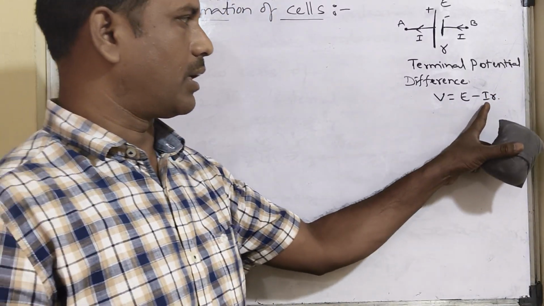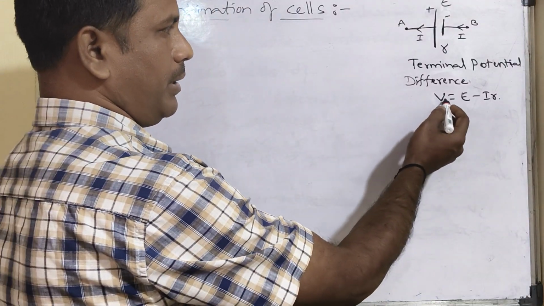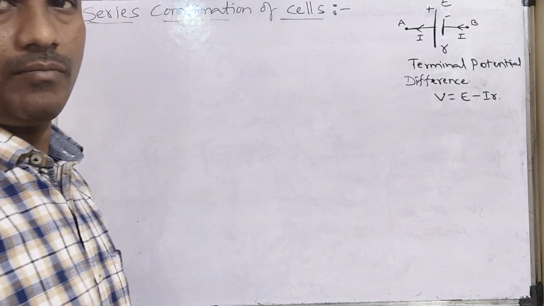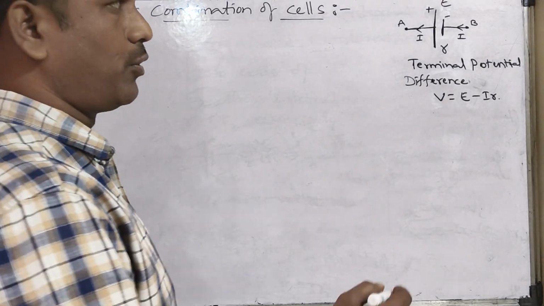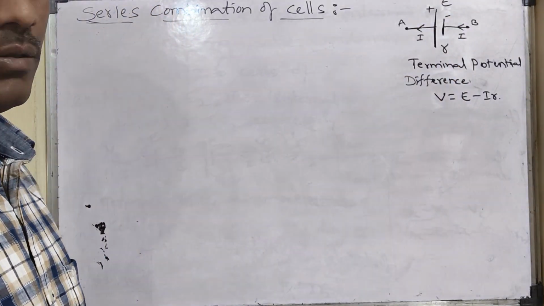I means current, R means internal resistance, V means terminal potential difference, E means EMF. EMF means the potential difference between two electrodes when the cell is in open circuit.